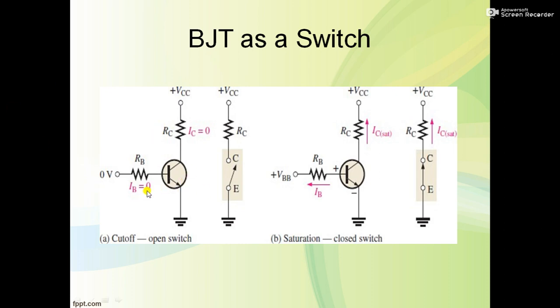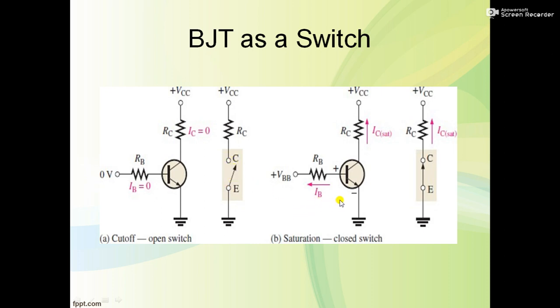So at that time, when both input and output currents are 0, there is no way for current to flow here. There is no communication between the input and output side, so it acts as an open switch.